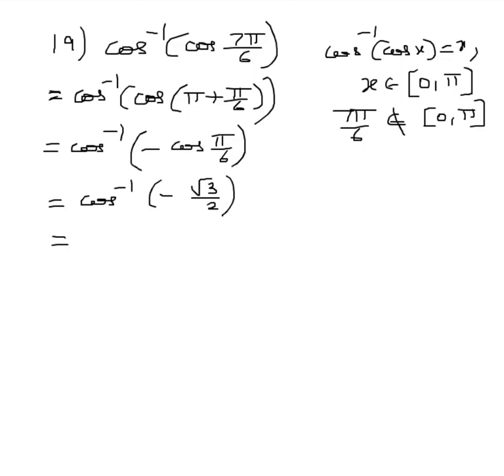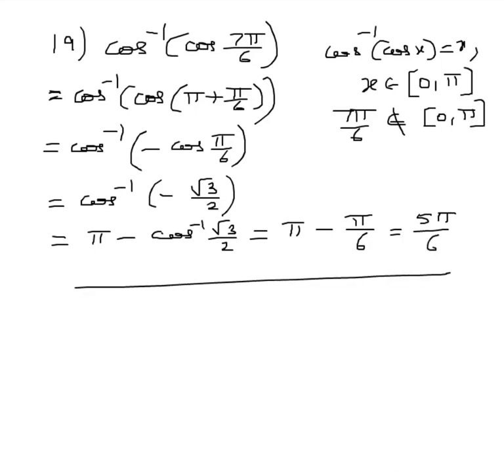For cos inverse of a negative value, the angle is in the second quadrant, pi minus the base angle, which is pi minus pi by 6. 5 pi by 6 is the answer. Subdivision E is the correct answer.